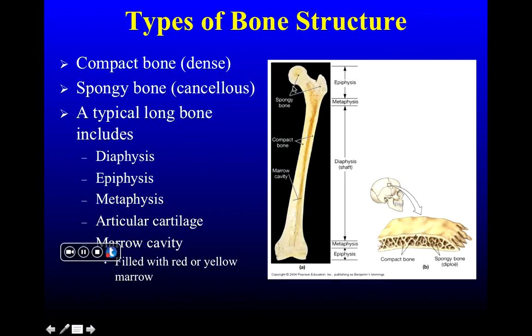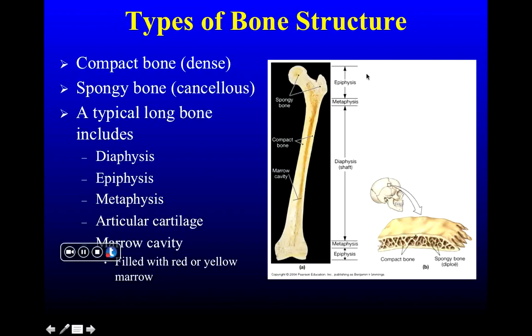Even around here, the outer edge is compact bone. So the outer edge is compact, where the middle is more spongy. The ends of the bone are more spongy as well. In fact, if you look at the center of this particular example, it's hollow. The middle, or the shaft, is hollow.